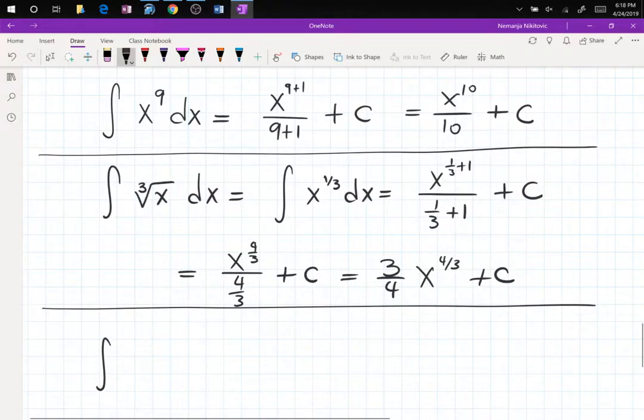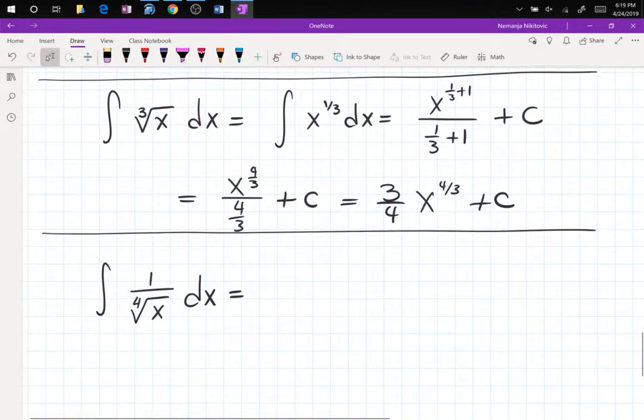What is the integral of 1 over the 4th root of x dx? Anyone? No, first I need to rewrite. Yes, very good.